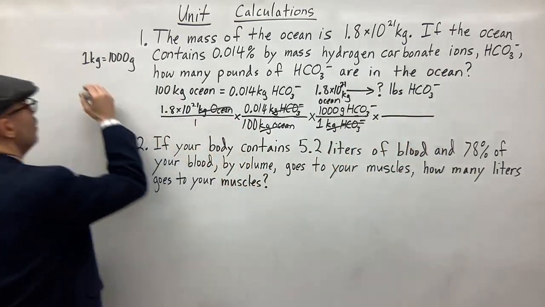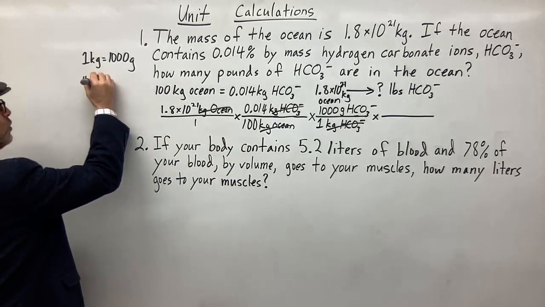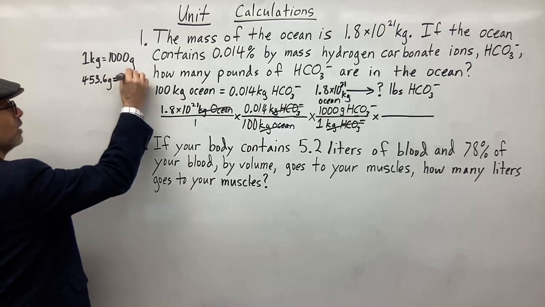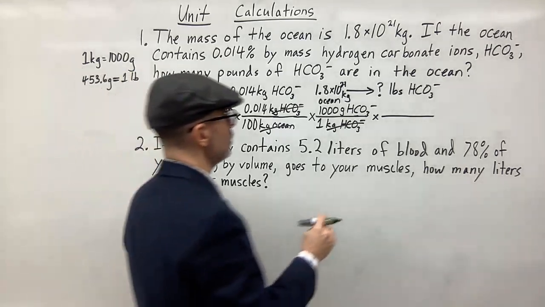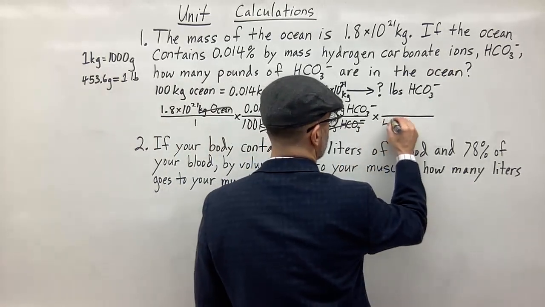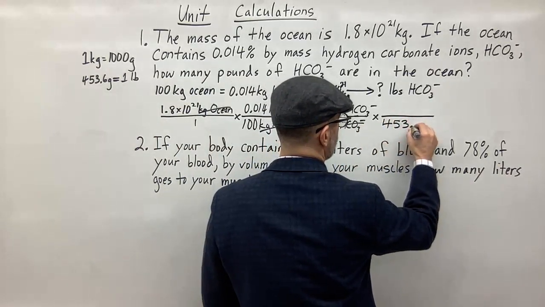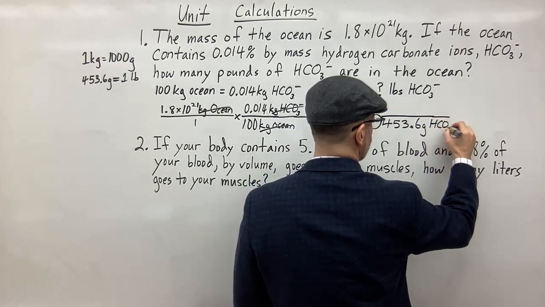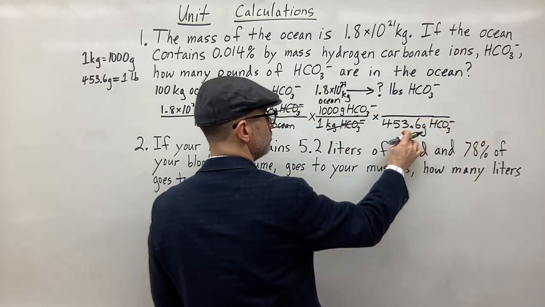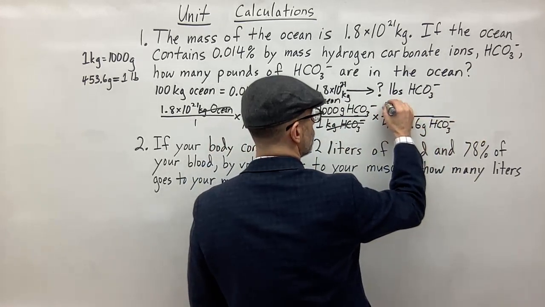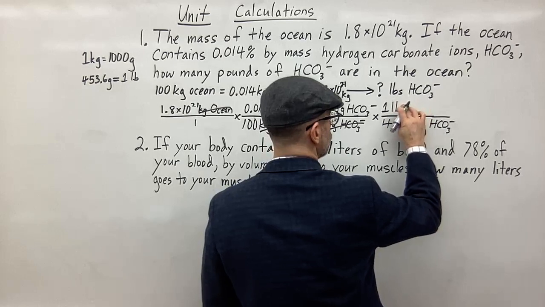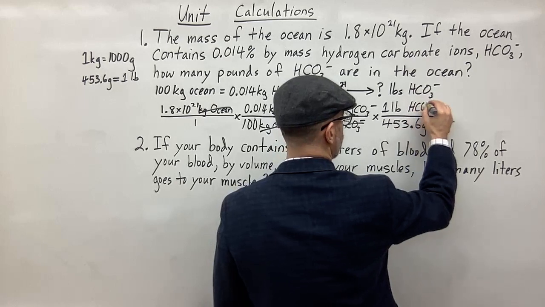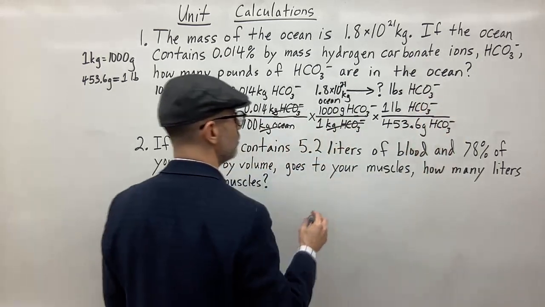Let me write it up here. 453.6 grams is equal to 1 pound. So I have grams here. So 453.6 grams HCO3 minus on the bottom, and 1 pound of HCO3 minus on top.